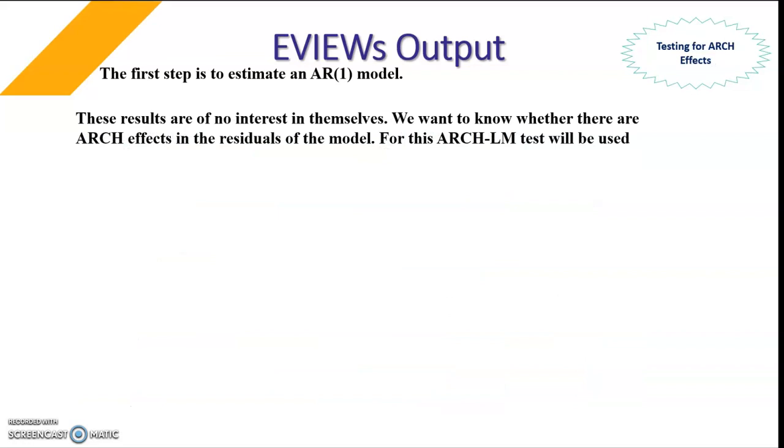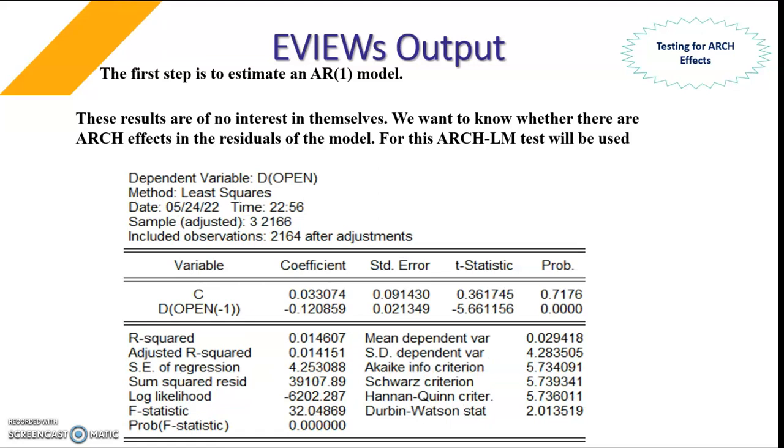So the first step is to estimate the AR(1) model. The results are of no interest in themselves, so we would want to know whether there are ARCH effects in the residuals of the model or not. So this is the regression of the open series in difference form on its lag value, but this is of no interest.